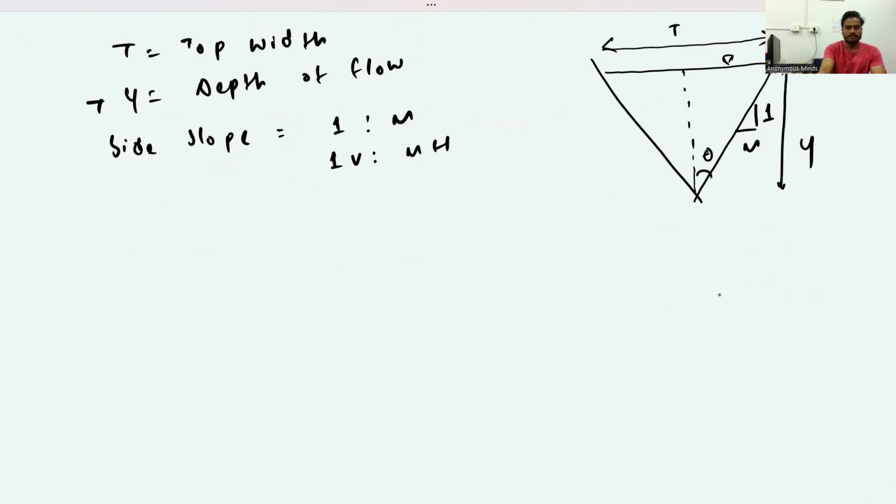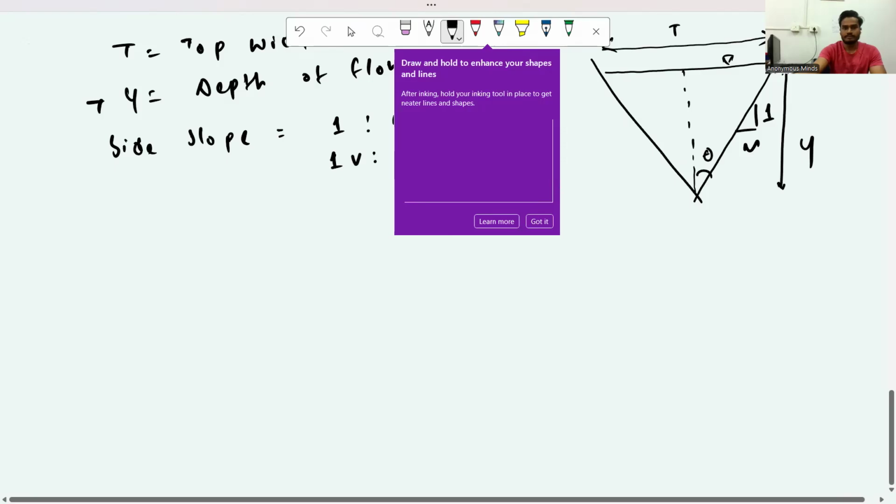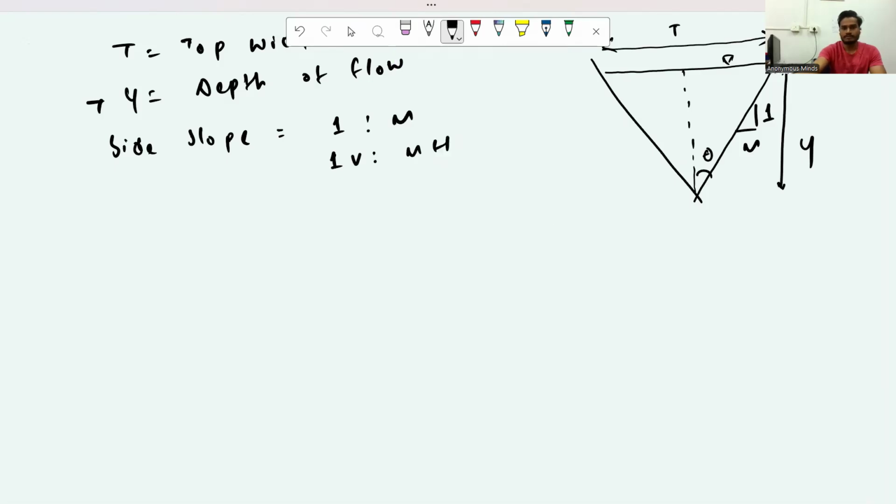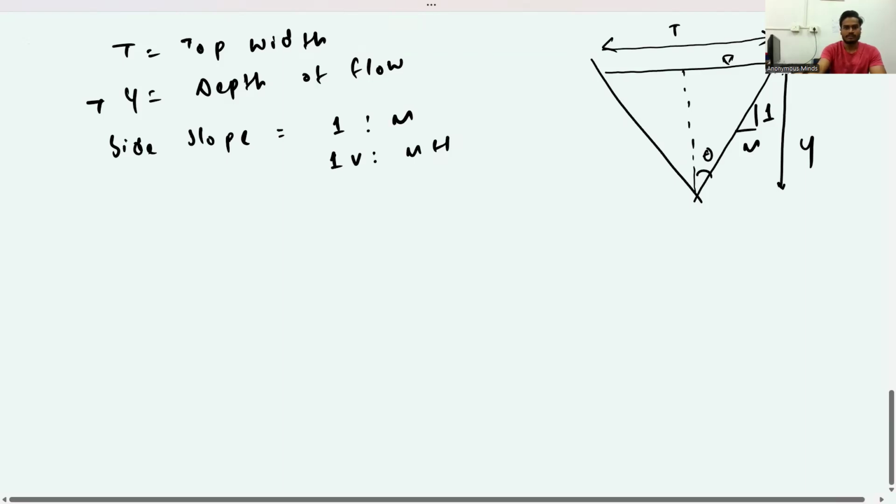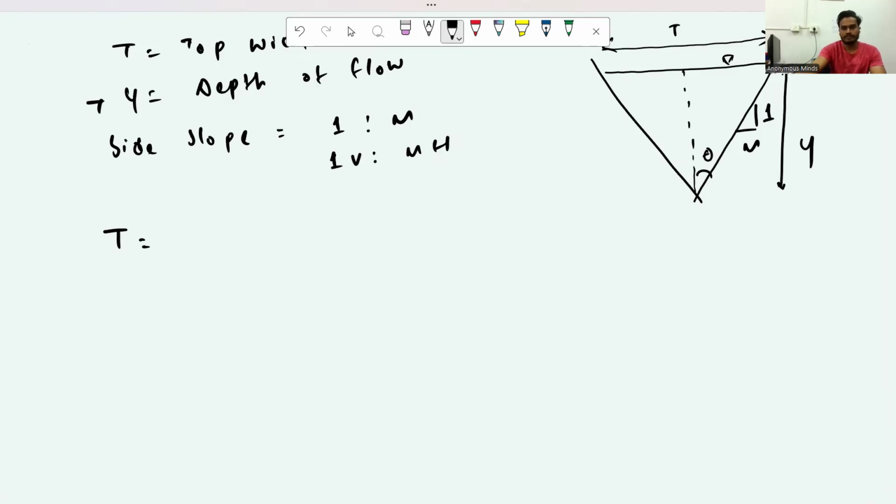Capital T is equal to, this distance will be equal to my.